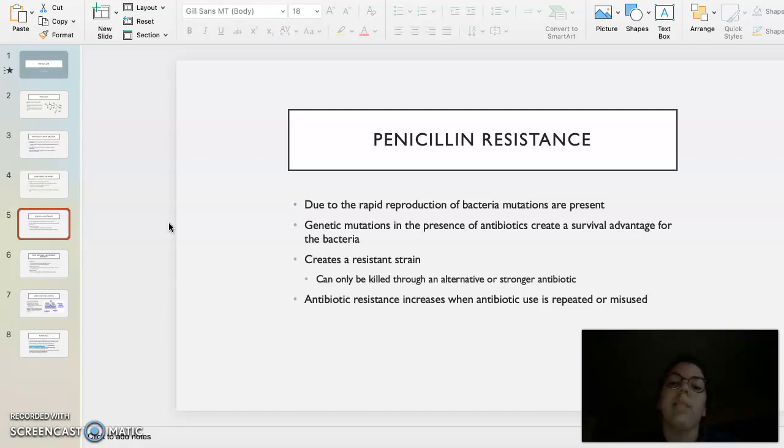Because antibiotics are present, that creates a survival advantage for the bacteria, creating a resistant strain. The resistant strain can only be killed through an alternative antibiotic or a stronger antibiotic other than penicillin. Antibiotic resistance increases when the antibiotic use is repeated or misused.